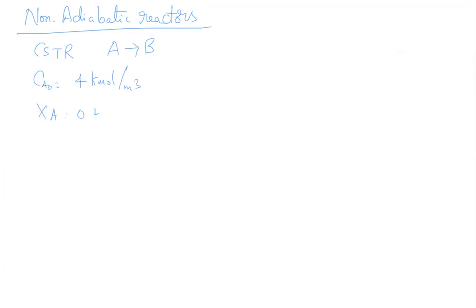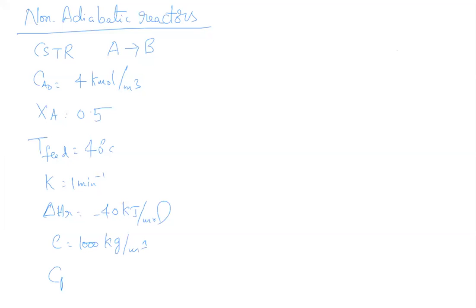Conversion of A is 0.5. Temperature of feed is 40 degrees centigrade. Rate constant 1 minute inverse. Rate constant information is not relevant here, just given but has no use. Delta HR minus 40 kilojoule per mole, density 1000 kg per meter cube, Cp 4 joules per gram degree centigrade, V0 is given.